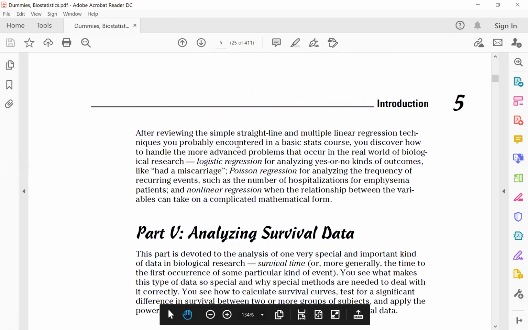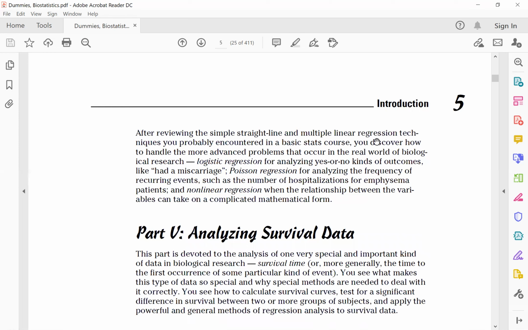After reviewing the simple straight line and multiple linear regression techniques you probably encountered in a basic stat course, you discover how to handle the more advanced problems that occur in the real world of biological research: logistic regression, for analyzing yes or no kinds of outcomes like had a miscarriage; Poisson regression for analyzing the frequency of recurring events, such as the number of hospitalizations for emphysema. This is for Poisson recurring, okay?